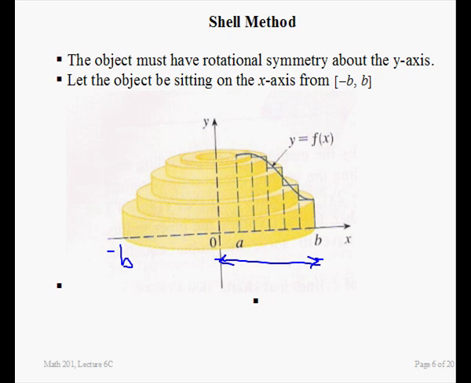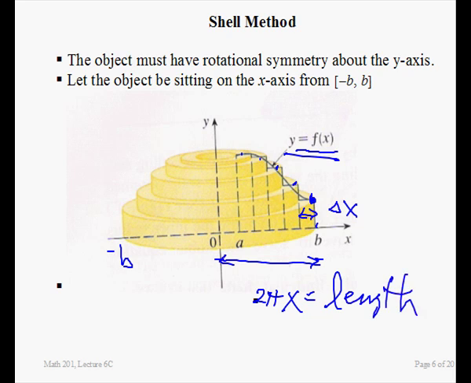This was really a smooth curve, and the outline of it was y equals f of x, some nice function of x, not necessarily these stair steps, but as you cut them up into shells, you get all these cylindrical shells. Each shell has a width of delta x. The height is y, which varies with x. And the length all the way around is 2 pi x, the circumference of the shell.